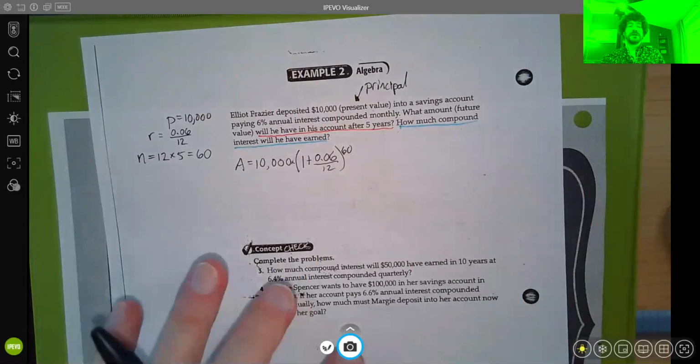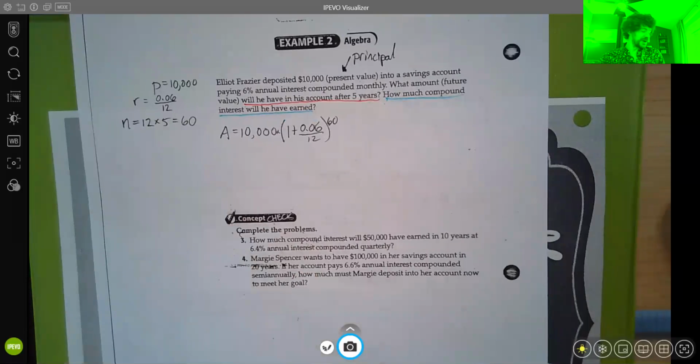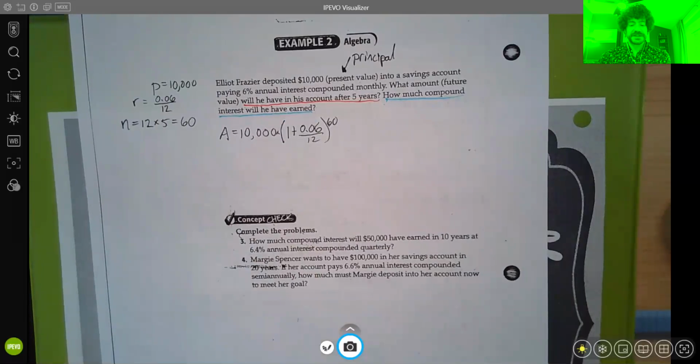So here is what I would like you to do. Try this again. If you have your own calculator and you want to try it on that, that's fine. I've been going with Desmos today, so try it on Desmos if you can. Get that calculated and type it into the chat once you think you have it.